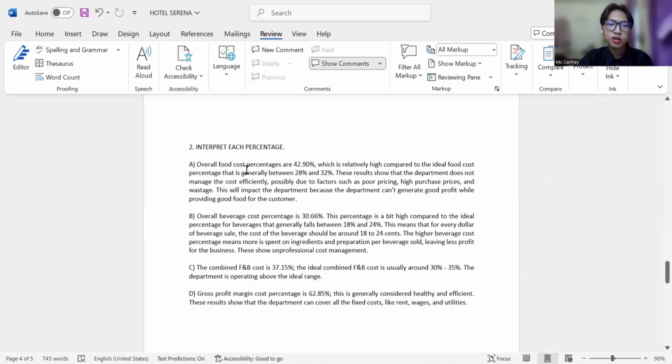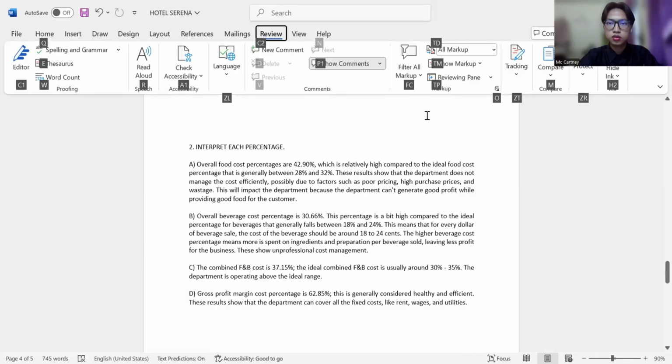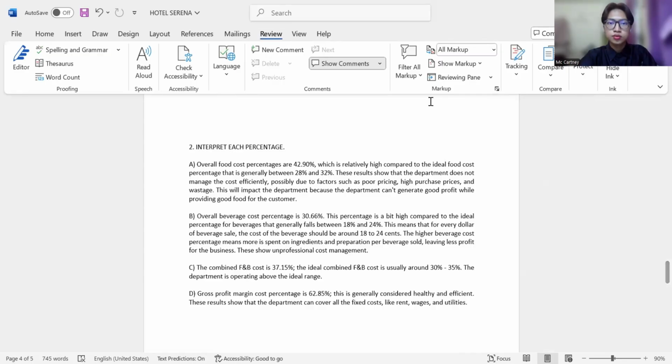For the overall food cost percentage of 42.90%, this is relatively high compared to the ideal food cost.